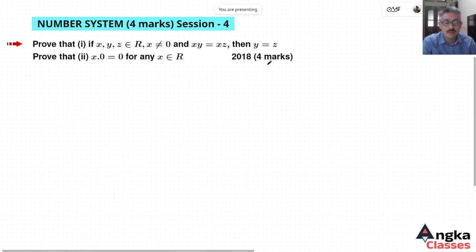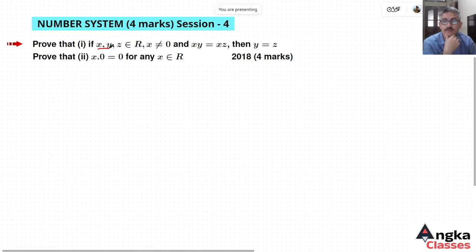2018 the 4 marks question discuss towards. Question part 1: prove that if x, y, z belong to real numbers, x is not equal to 0 and xy is equal to xz, then y is equal to z.